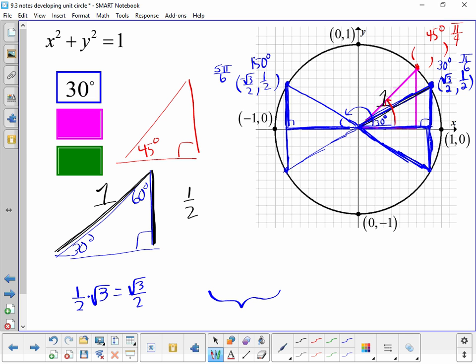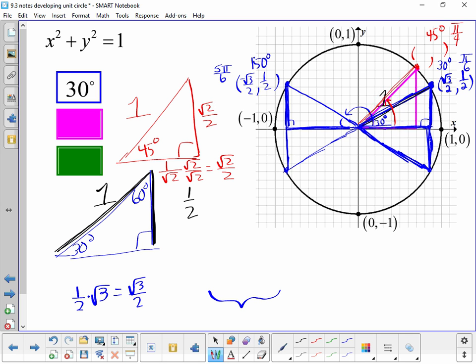We know the hypotenuse, because it's a radius of the circle, so it has length 1. If you remember the relationship in a 45, 45, 90 triangle, the hypotenuse is the square root of 2 times as long as the leg. So if you're figuring out the leg from the hypotenuse, you have to divide by root 2. And if we rationalize that, we find that the length of the leg is root 2 over 2. It's a 45, 45, 90 triangle.